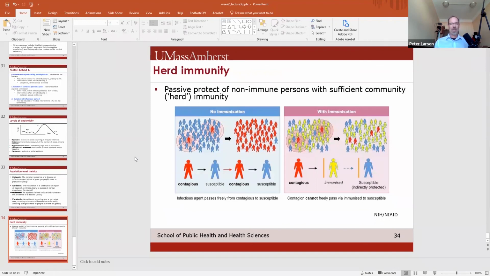And this is one thing we hear a lot about recently, herd immunity. I wish people would stop talking about herd immunity in relation to COVID-19. Passive protection of non-immune persons with sufficient community herd immunity. So there are enough people who are immune within a population that it effectively stops transmission. The problem with discussions of herd immunity and COVID is that we are an almost 100% susceptible population.